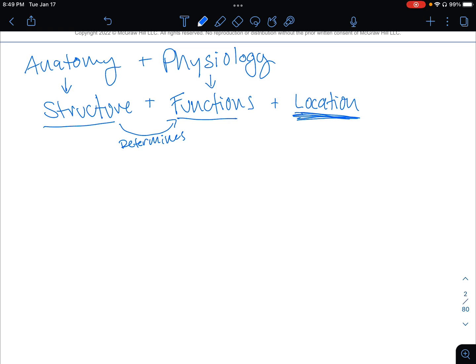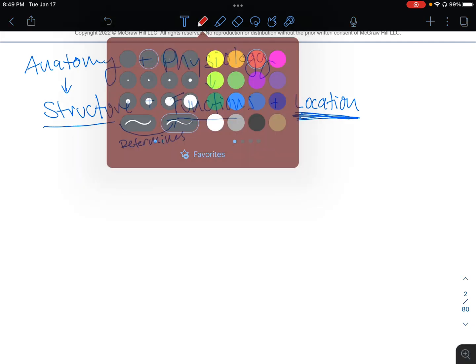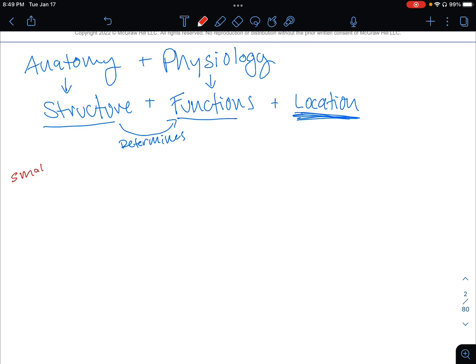So let's very quickly go over our levels of organization, because in our chemistry chapter, we're going to go over the smallest levels of organization. What are our smallest levels of organization? Yep, we have our subatomic particles. Subatomic particles include what? Because we're going to go over them today.